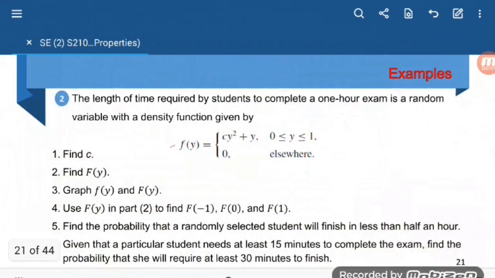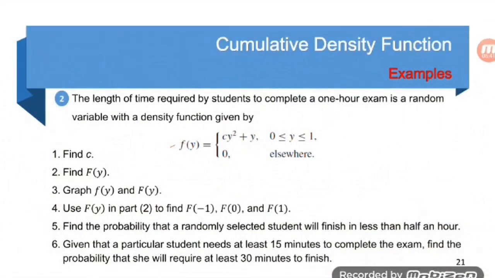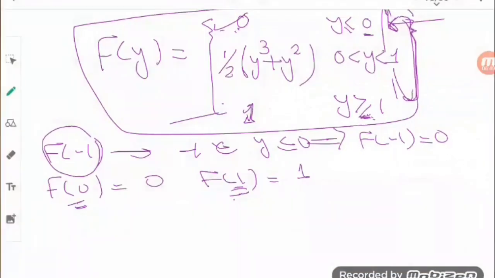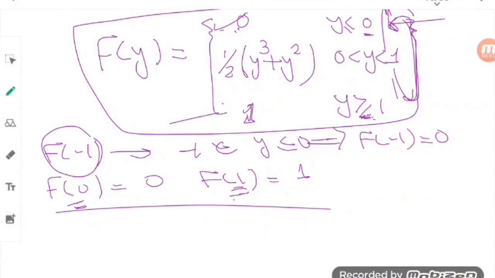Find the probability that a randomly selected student will finish in less than half an hour. We are saying that the student completes the exam within 1 hour. So y, which is between 0 and 1, indicates the time: 1 for 1 hour and 0 for no time.